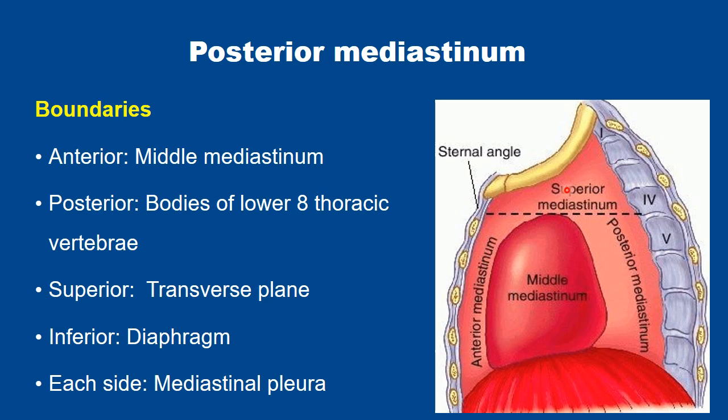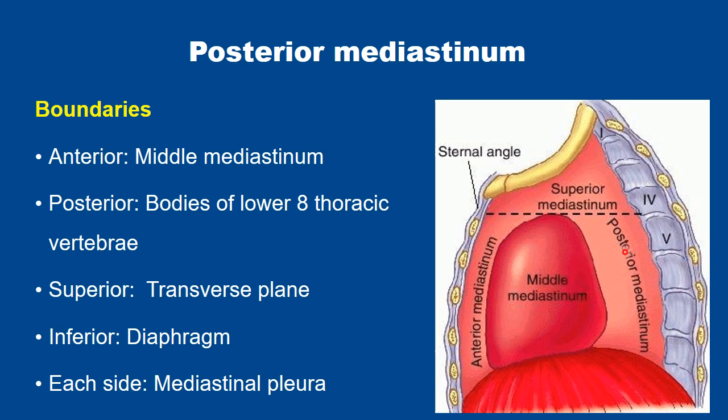Now we'll discuss the posterior mediastinum. Here we can observe the posterior mediastinum, and as we know it is a subdivision of the inferior mediastinum. Anteriorly it is bounded by the middle mediastinum. Here we can see the middle mediastinum, which forms the anterior boundary.